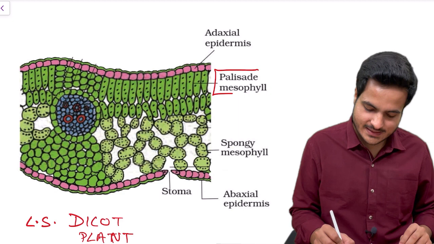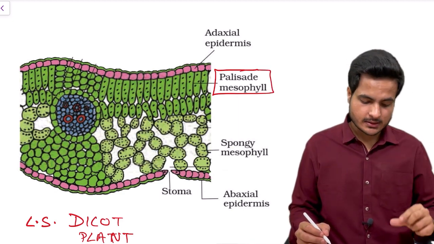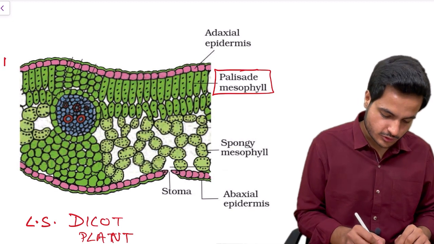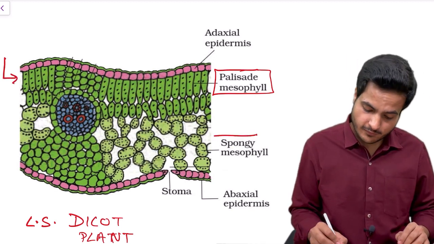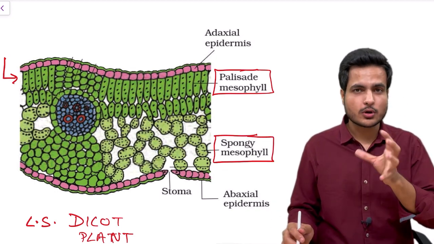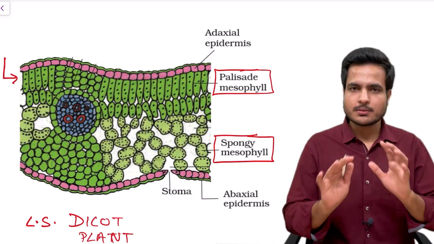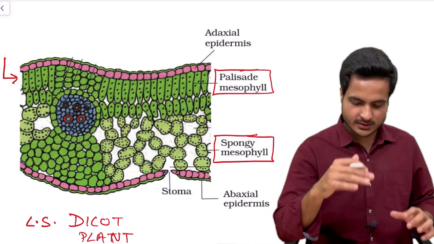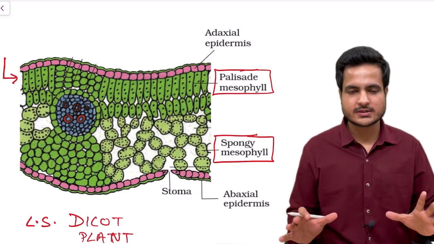One is palisade mesophyll, the longitudinal, columnar cells, which you could see arranged in this particular layer. The other type is spongy mesophyll cells, which are round or say oval in shape. So these are two types of mesophyll cells. Monocot leaves do not have this differentiation of mesophyll cells. They have only one type of mesophyll cells.